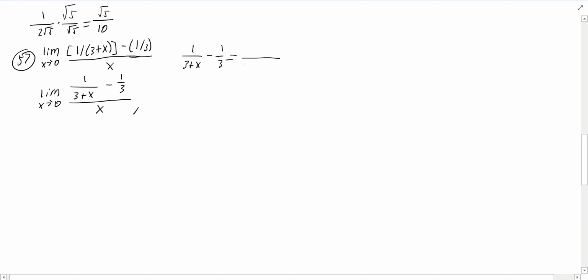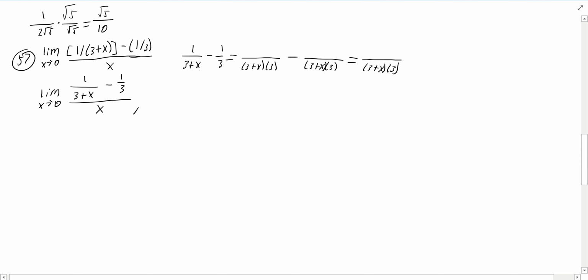The way I like to do the subtraction is, I guess, not the most efficient, but I like to say we have the (3 plus x) times 3 as the common denominator.